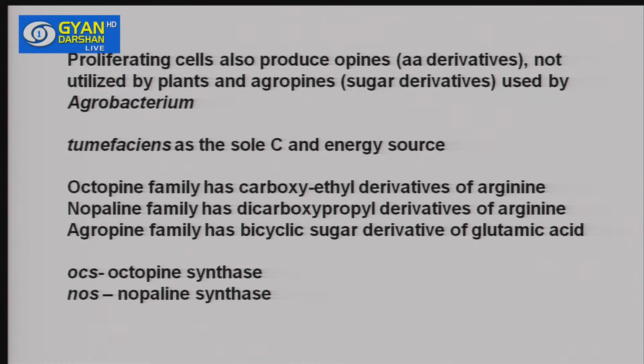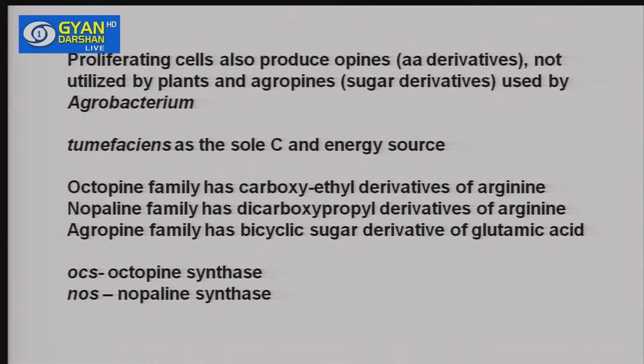Now octopine has carboxyethyl derivatives of arginine. Nopaline has dicarboxypropyl derivatives of arginine. Agropine has a bicyclic sugar derivative of glutamic acid. So most of these opines are amino acid derivatives, but there are slight differences in their structures or components.